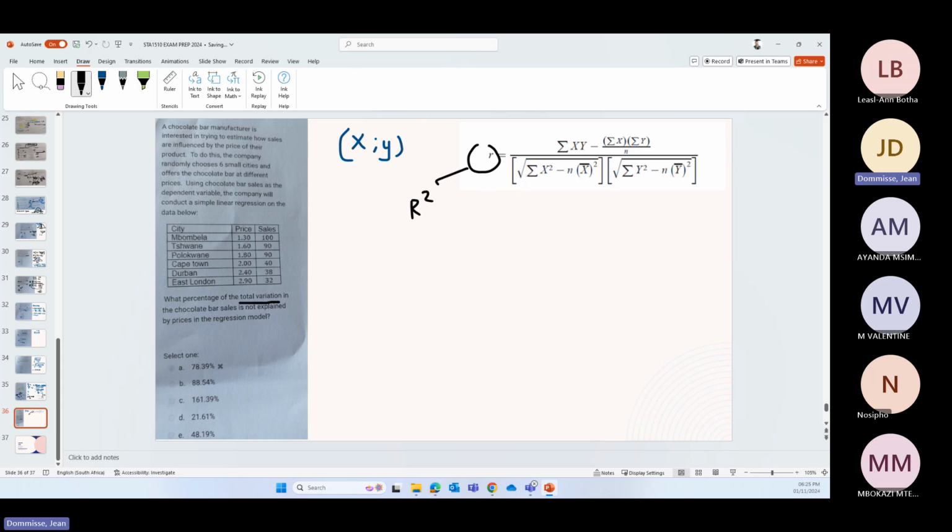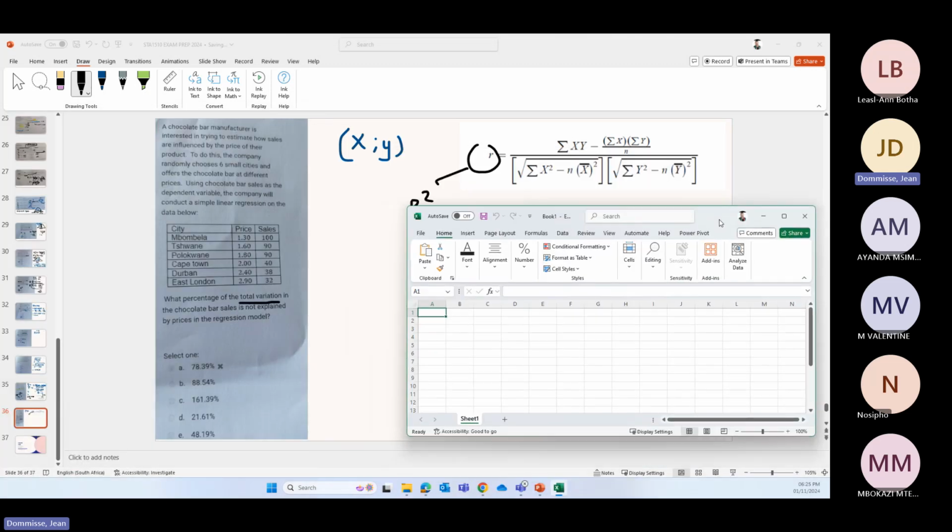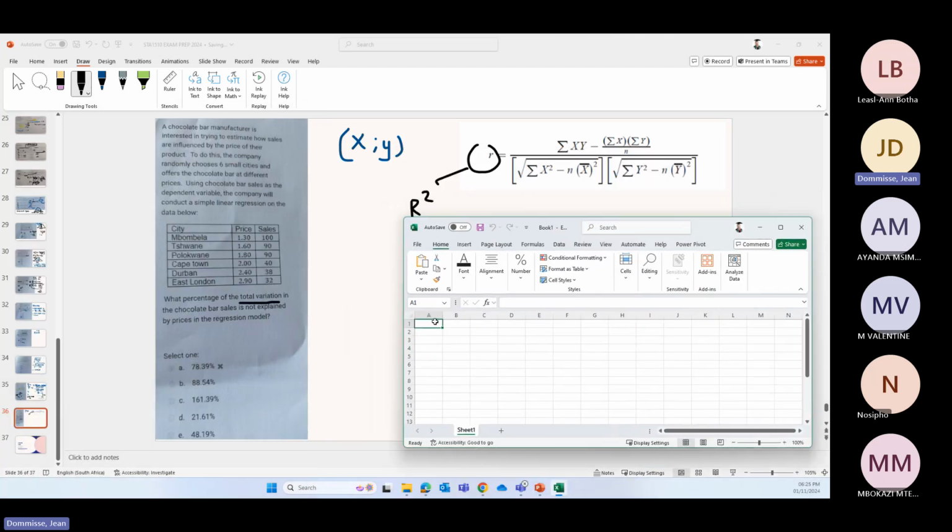So what you need to do is to put that into your calculator. I know you guys are not allowed to use Excel, but what you would need to do in your calculator is put that in as those 6 variables.